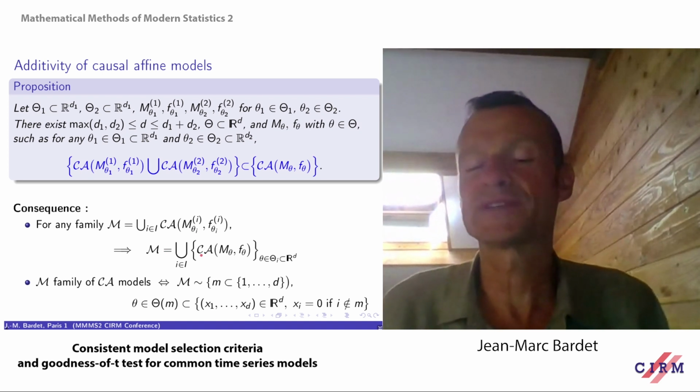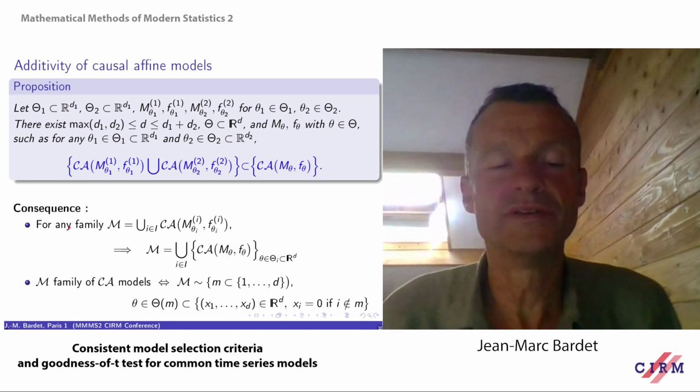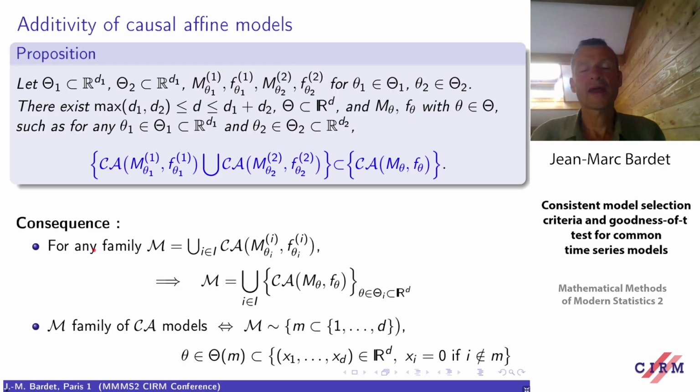This is exactly what we say. But this property could also be written when you mix ARMA and GARCH processes. You can have a common model, which is a causal affine model, for writing all ARMA and all GARCH processes.